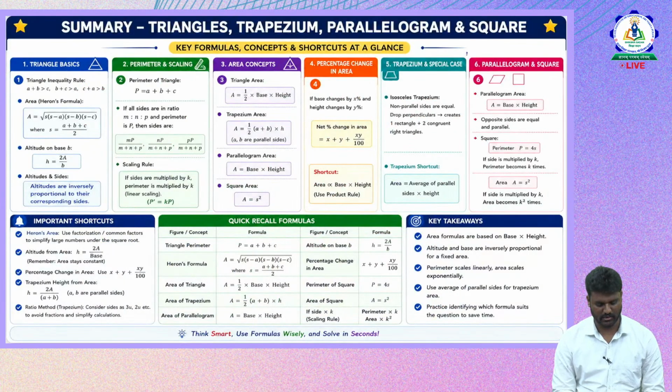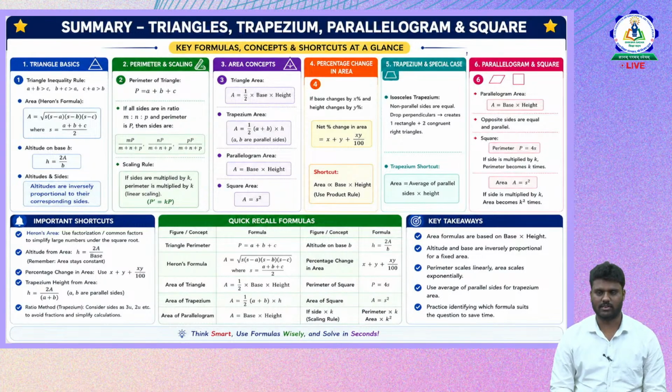So with this we are at the end of the session. In this session we have discussed triangle basics, and the formulas which we have recalled, like the triangle inequality rule, perimeter rules, and perimeter of the triangle. Area concepts and percentage change in area we have discussed.